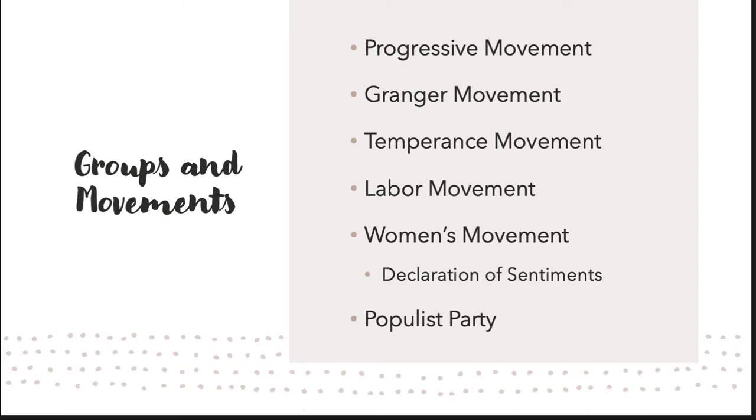A notable third party with William Jennings Bryan, the Populist Party, coming out in the election with William Jennings Bryan, trying to challenge the two major political parties at the time with that idea that kind of tanks him, that we wanted to change the money supply to silver. Remember William Jennings Bryan, the Populist Party.